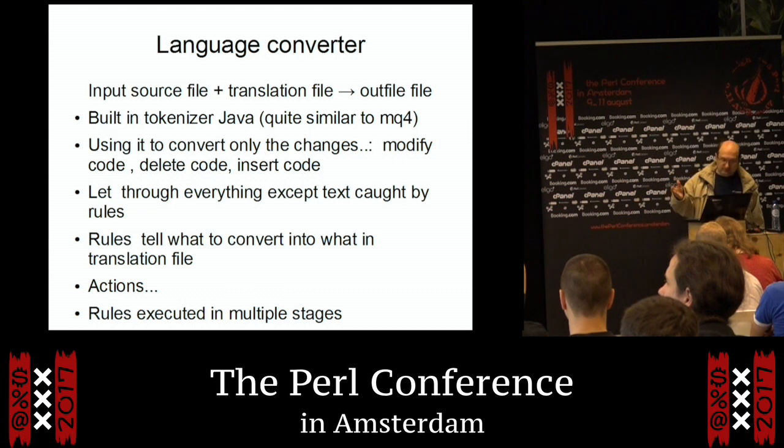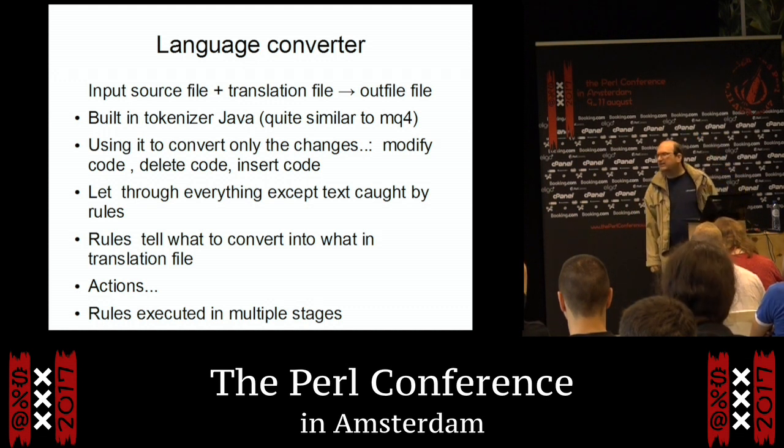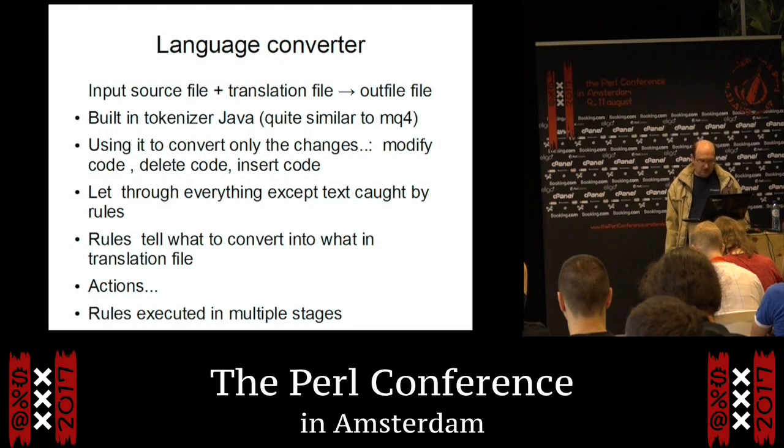What do we want this converter to do? Basically, modify code, sometimes delete code, insert code, and maybe analyze code. If you don't give any rules to the language converter, it just lets everything through, which means the input becomes the output. Similar to parsers, it has a list of rules which tells you what to transform into what.